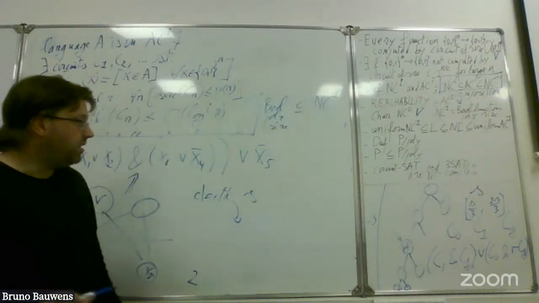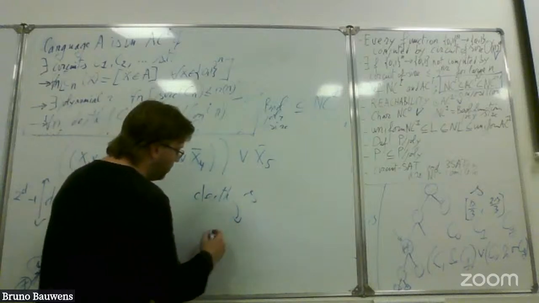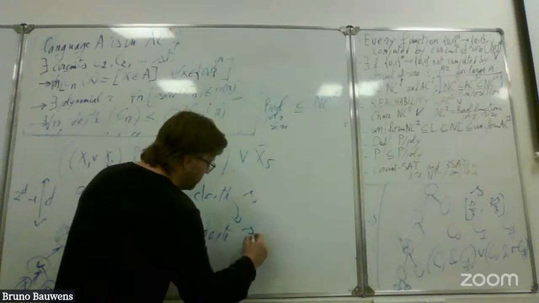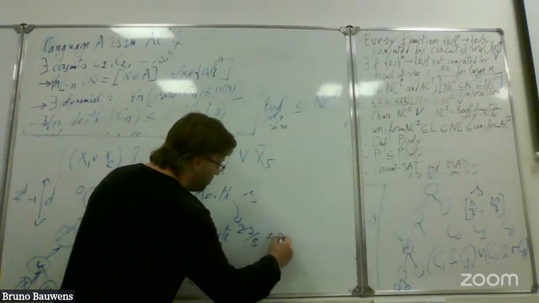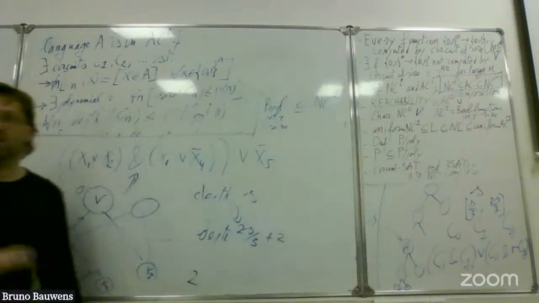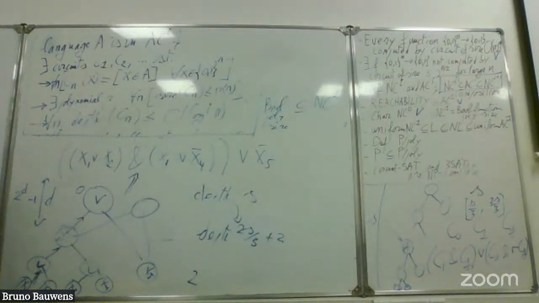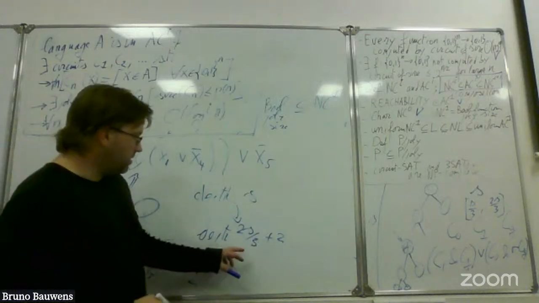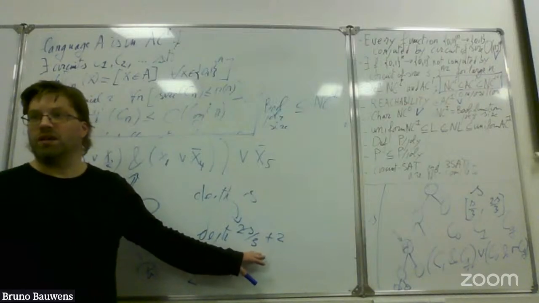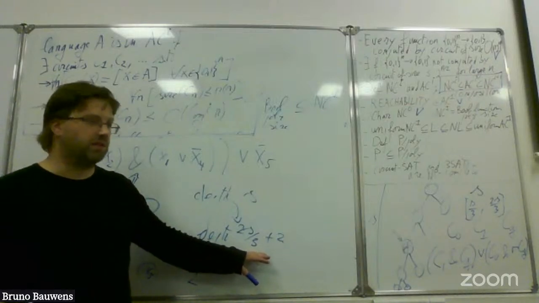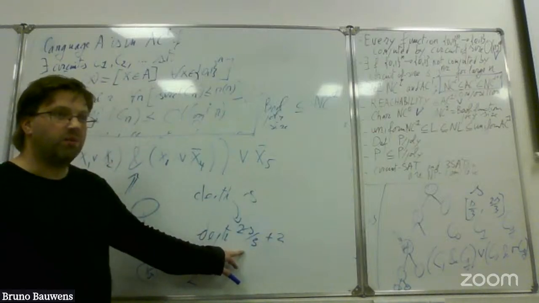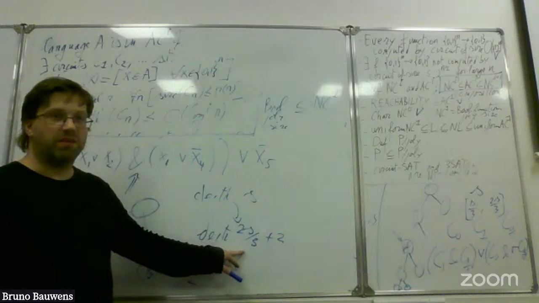And each time we do depth reduction, we go to depth 2/3 of S plus 2, because here we have to do a few extra things. We don't count the negation gates. One can do careful calculations with a nice inductive hypothesis, and then you see that a logarithmic number of such reductions will end up with logarithmic depth.